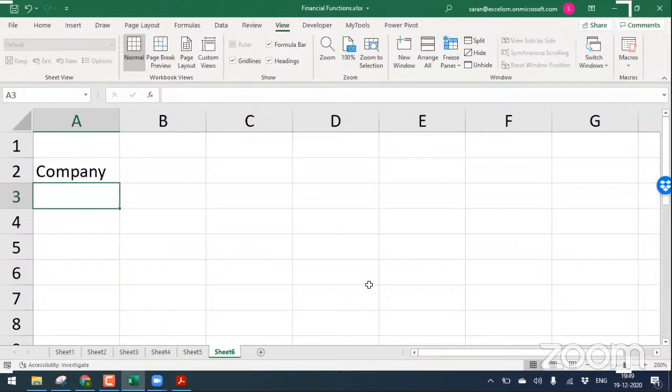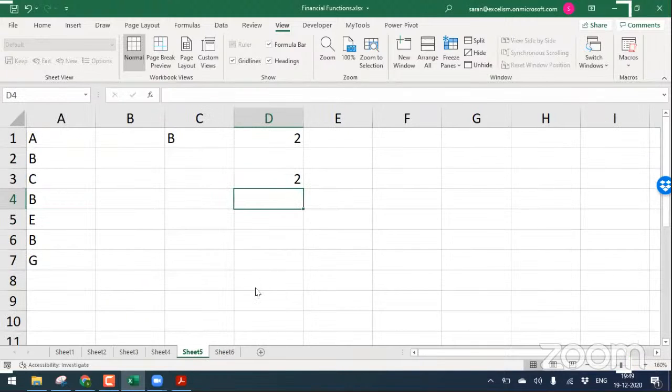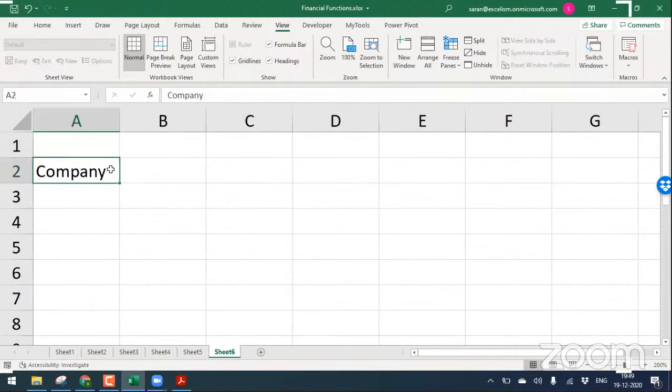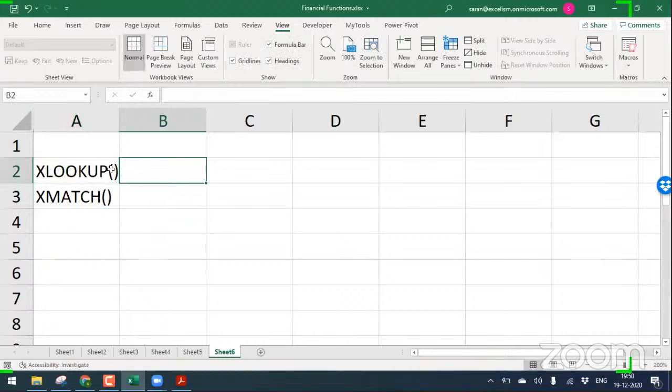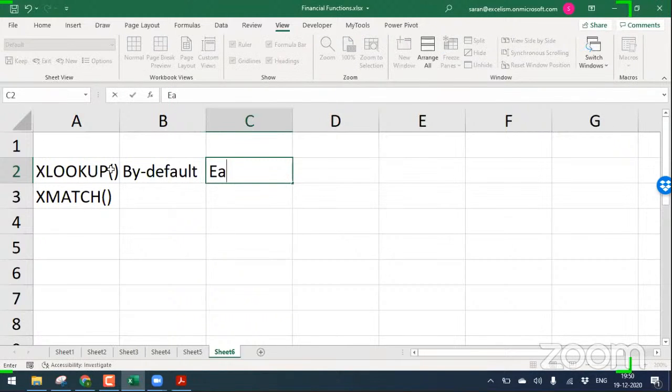Or else, using XMATCH and XLOOKUP, I can make a combination example or exercise, then probably we can cover it. I think that's better. So I'm just giving you the concept of XLOOKUP and XMATCH. The extra addition is that by default it's an exact match. That's a new thing, but earlier it was not the case.